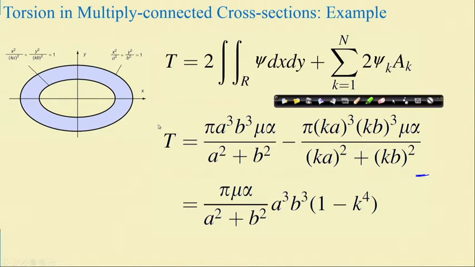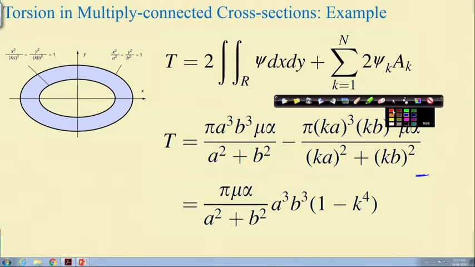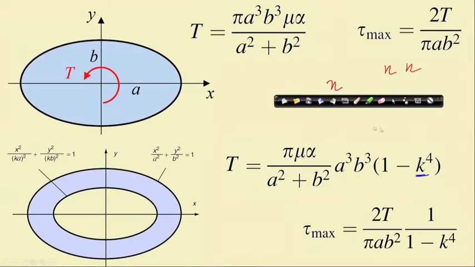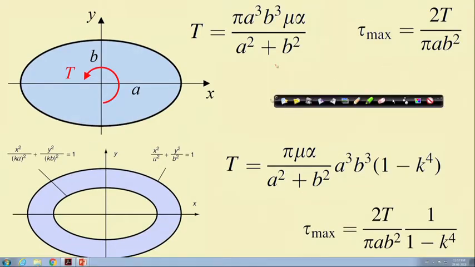So, instead of k you can take a small n. This is summation over the number of holes, and this defines the size of a given hole. Now, this is the final expression we have, and you can compare this.